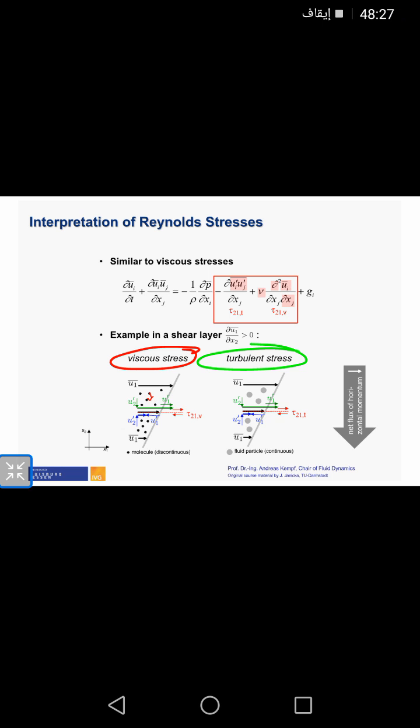So the average free path length is the distance a molecule travels before it's hitting and crashing into another molecule. The viscous stress is a result of the velocity of the molecules and the free path. So you can increase the viscous stress if the free path length is bigger, and you can increase the viscous stress if the velocity fluctuations are higher.